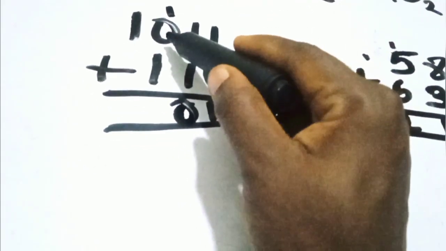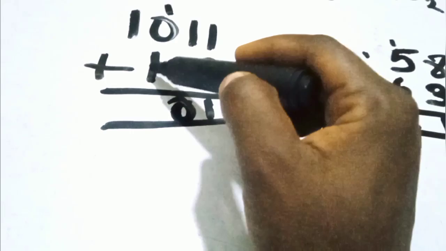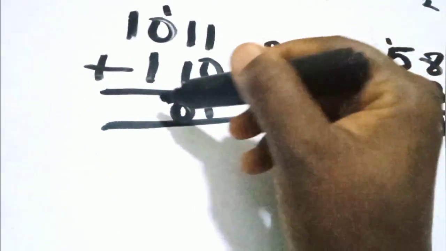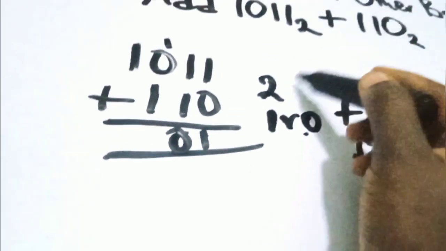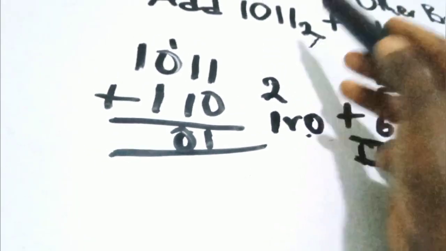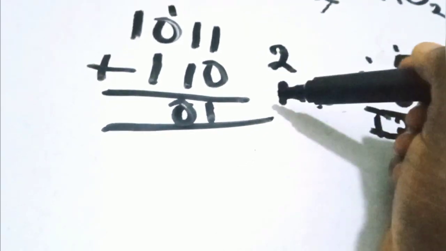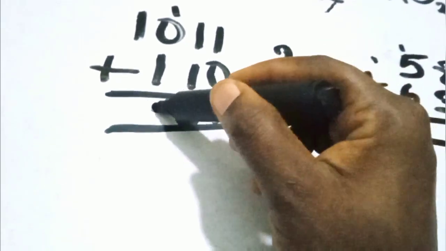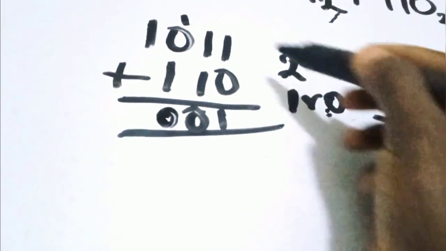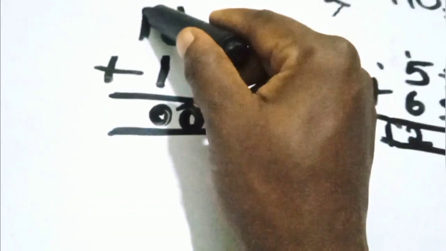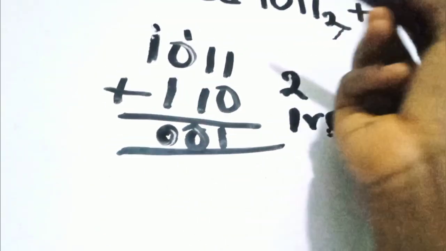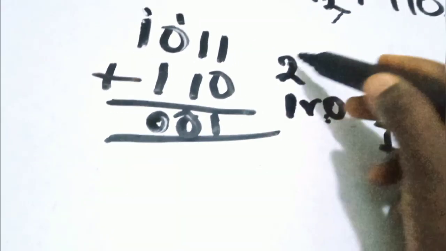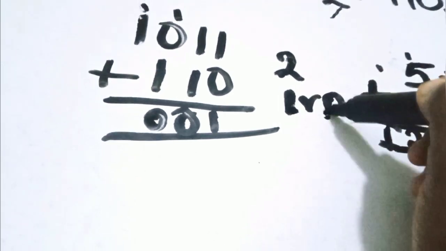1 plus 0 is 1, plus 1 is 2 again. So when I've reached 2, we cannot write 2 here. I'll still say 2 divided by 2. I'm dividing by 2 because the base is base 2. 2 divided by 2 will give me 1 remainder 0. I'll put my 0 here and carry my 1 to this place. 1 plus 1 is 2. 2 divided by 2 will give me 1 remainder 0.